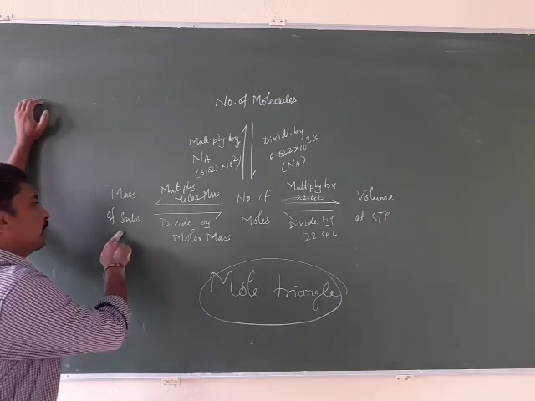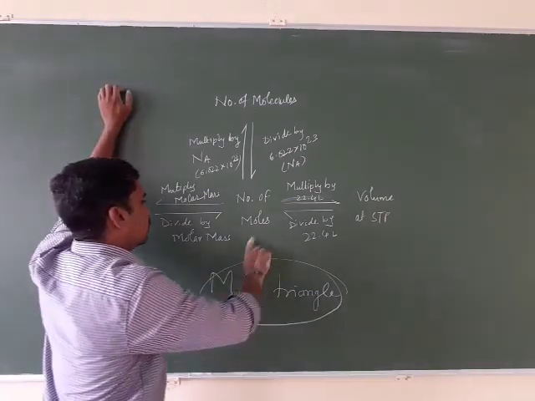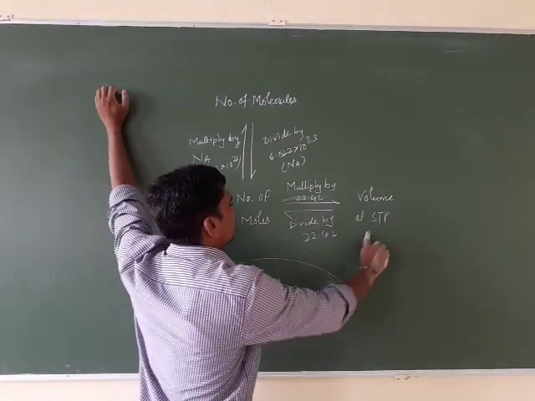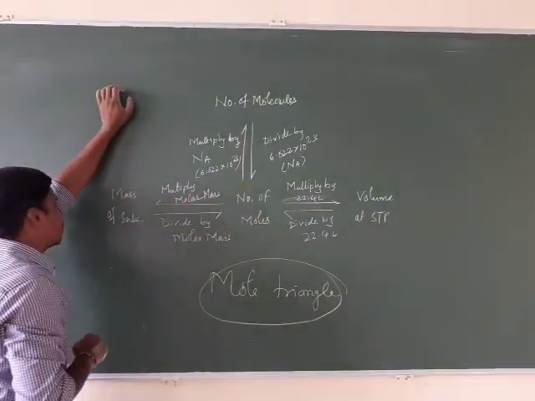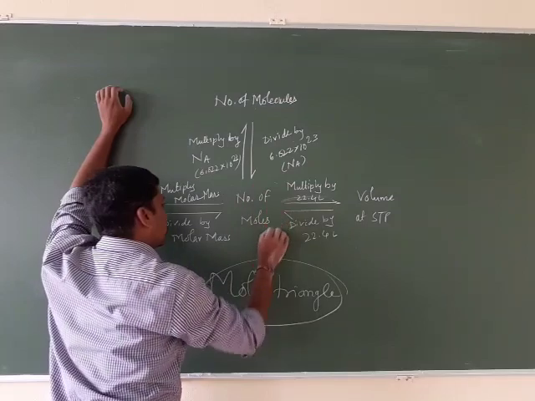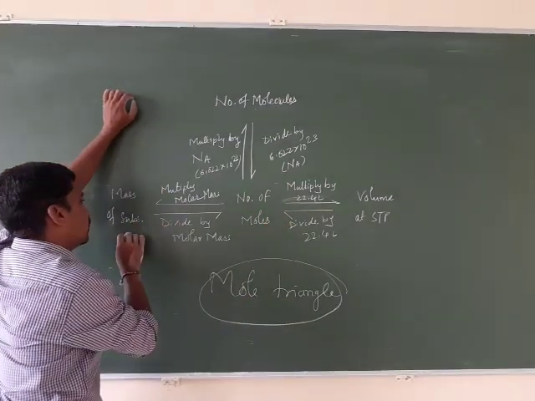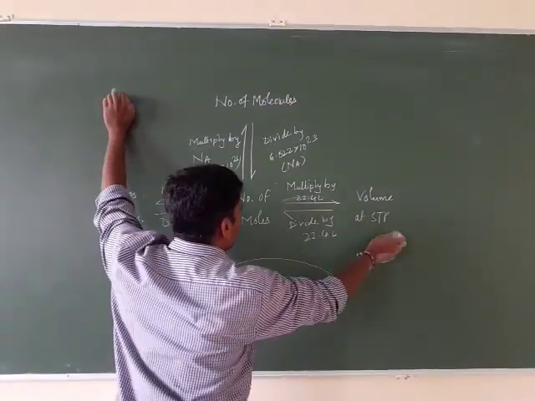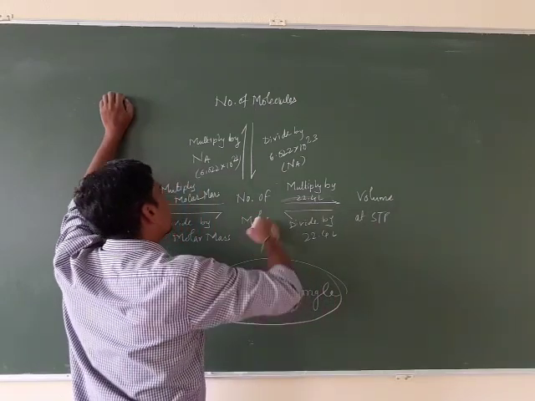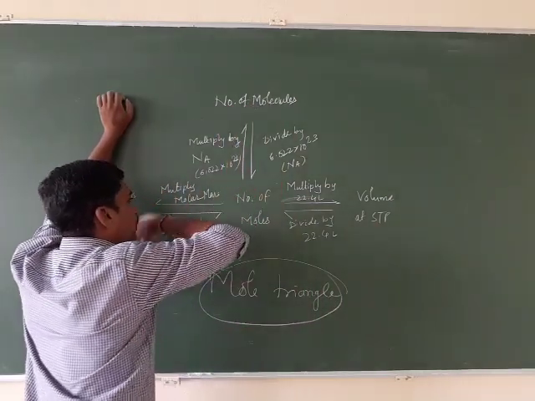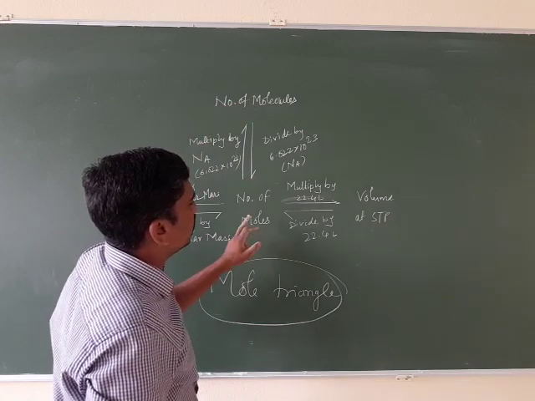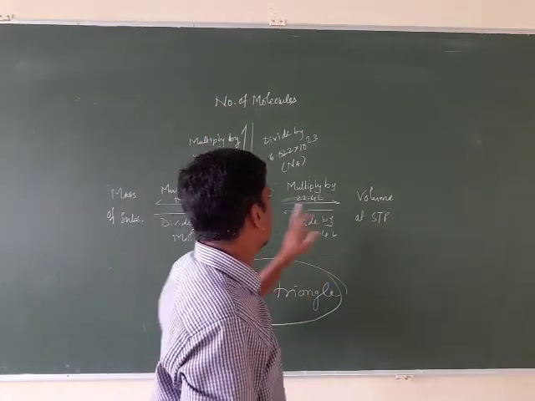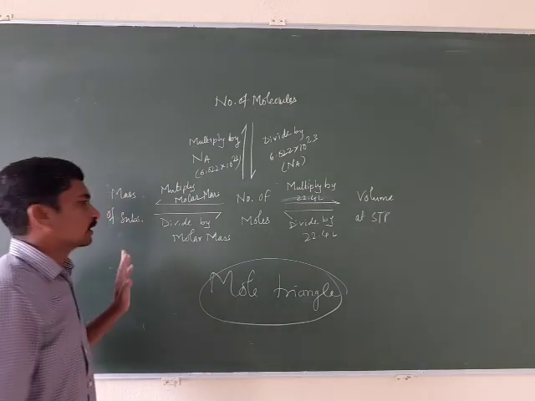If you have a mass, you can convert it into number of moles, then into volume, or into the number of molecules. If you have number of moles, you can convert it into mass of a substance, volume, or number of molecules. If you have number of molecules, then you can convert it into number of moles, to volume, or to mass of substance.